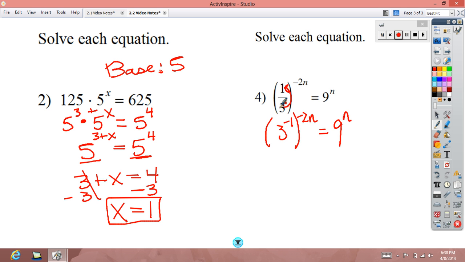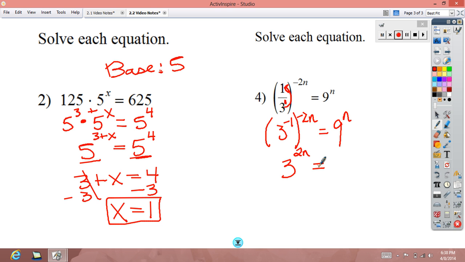But I can get this 3 into the numerator if I move it to the numerator and change this to a negative 1. And so, if you remember again, rules of exponents, when I have an exponent raised to an exponent, these multiply. And so here I get 3, negative 1 times negative 2n is to the 2n.